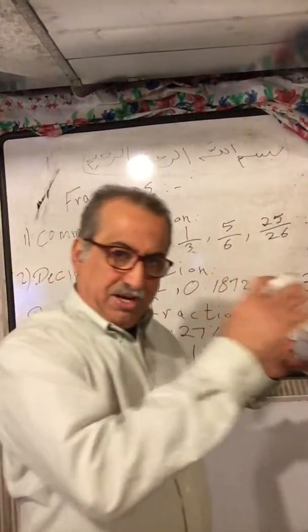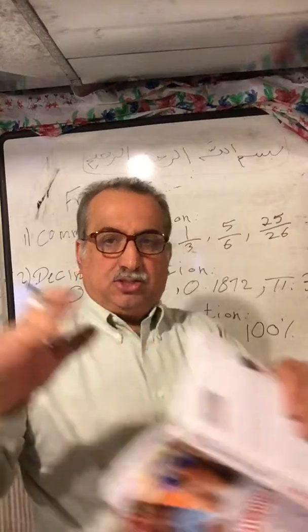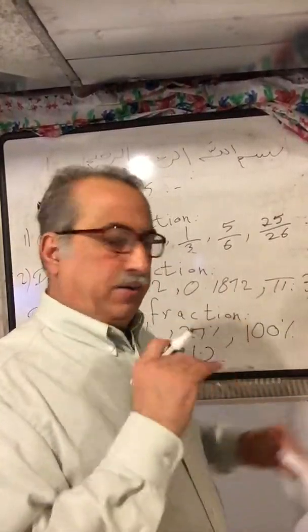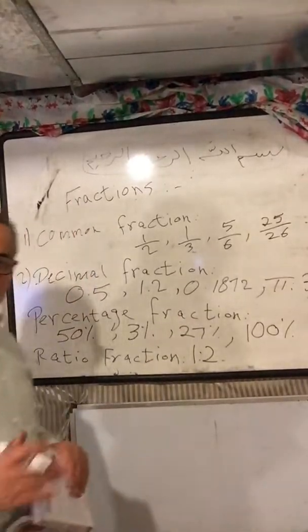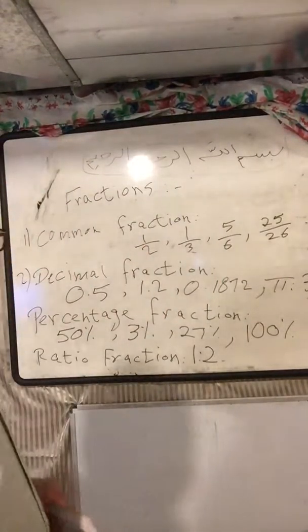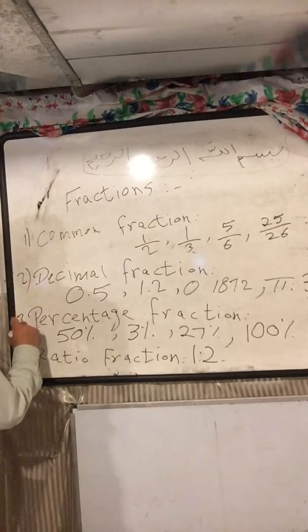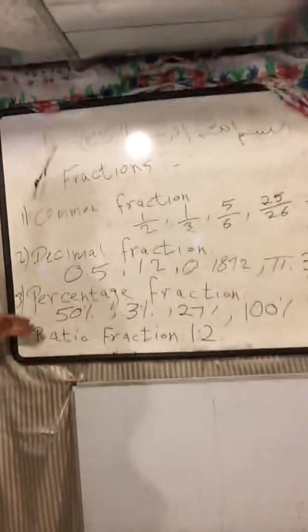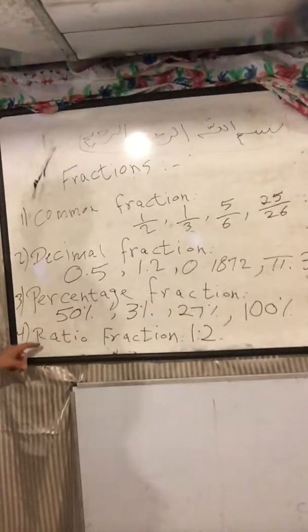If you measure it, this is 1 and this is 2, so ratio-wise it's 2 to 1. The large truck is 2 to 1. So these are the types of fractions: common fraction, decimal fraction, percentage fraction, ratio fraction.